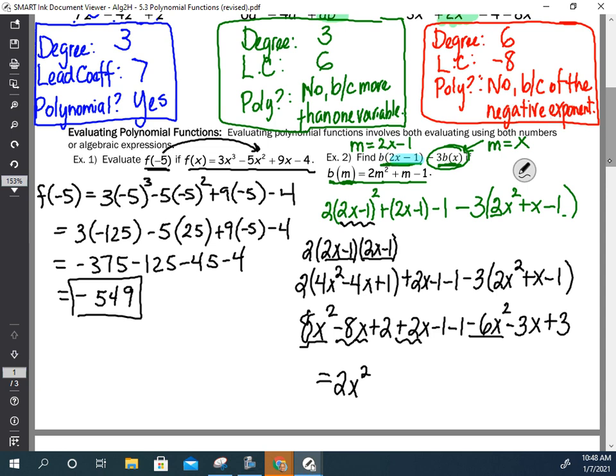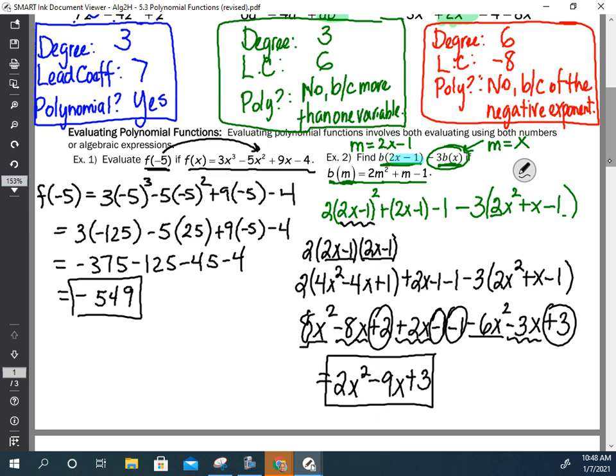Negative 8x, positive 2x, negative 3x, and 2 minus 1 plus 3.